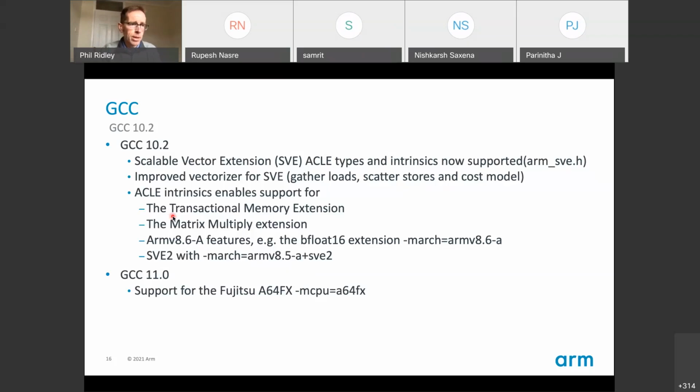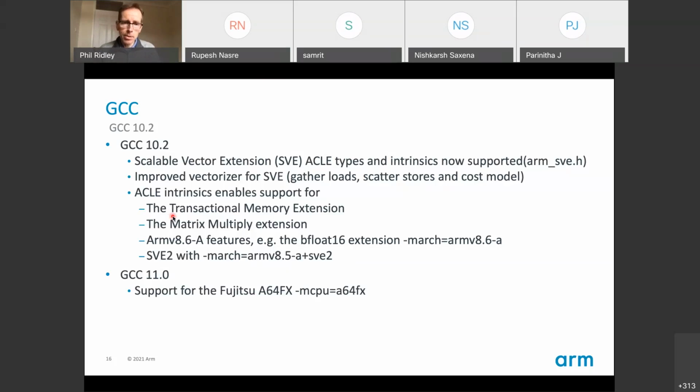So if you're using threads on an ARM-based architecture, the TME could help. And also the matrix multiply extension, that adds support for things like general matrix multiplication and maths operations.